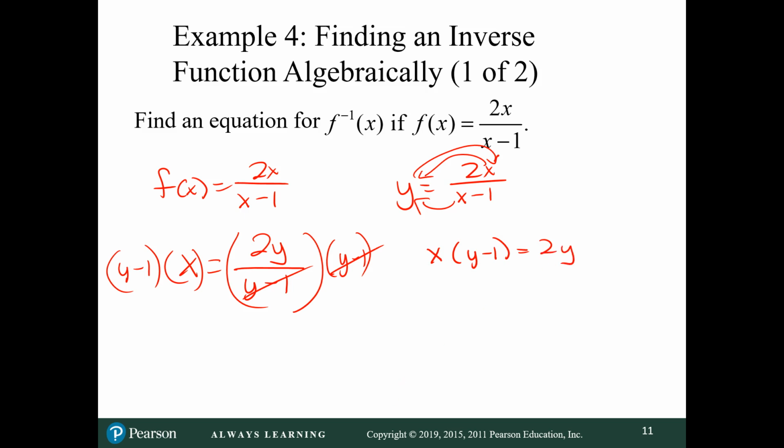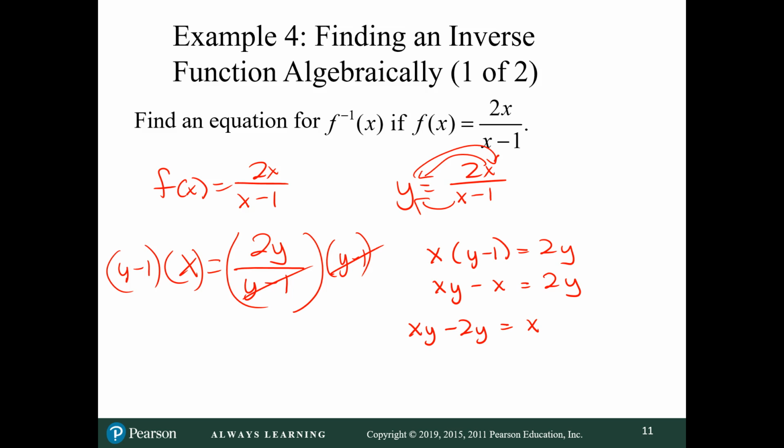Now we got to get the y's together somehow, so I'm going to distribute: xy minus x equals 2y. Then I'm going to move the 2y to one side, the x to the other. So xy minus 2y equals x. I added x to each side and subtracted 2y from each side.